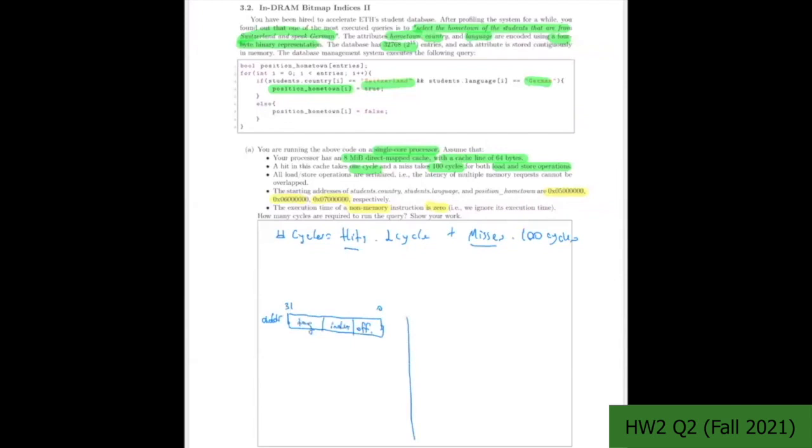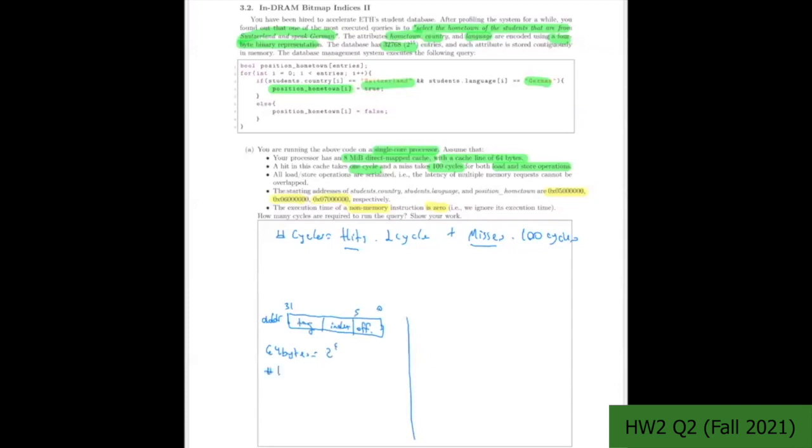The first thing is the offset. The cache line is 64 bytes, so this means that you need 2 to the 6, which is 6 bits. So you have the offset from bit 0 until 5, those 6 bits. Then you need to know how many cache lines you have in this cache.